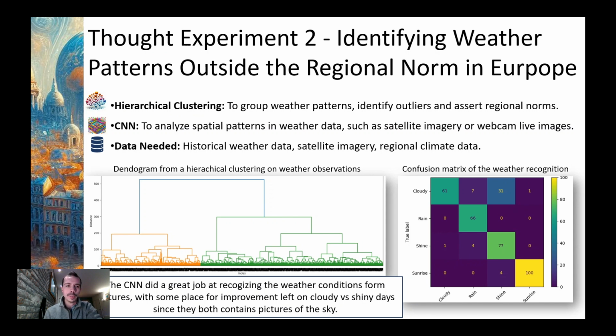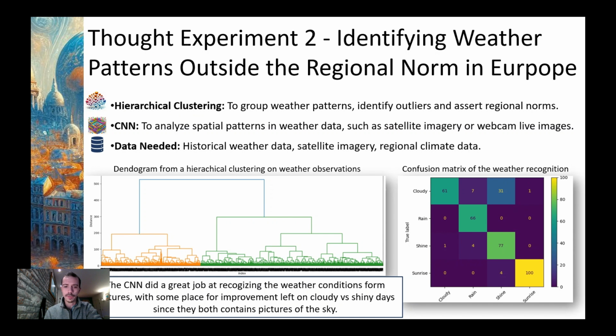And also we will have the CNN to analyze the spatial patterns in the weather data, such as satellite imagery or even webcam live images. So the data needed would still be the historical weather data, and we could add some satellite imagery or some regional climate data.